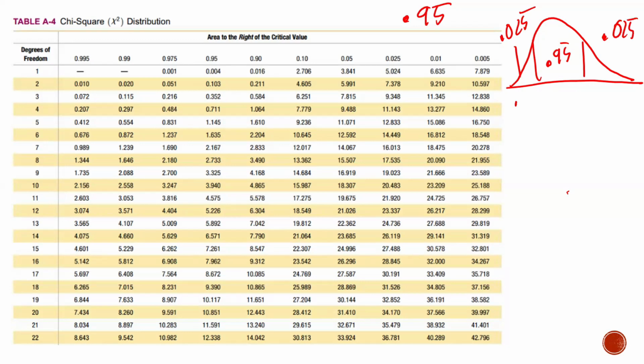And Bobby, these values in the table refer to an area, an area to the right. For chi-squared R, first let's remember, how many degrees of freedom do we have here?